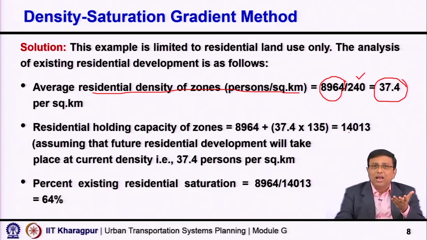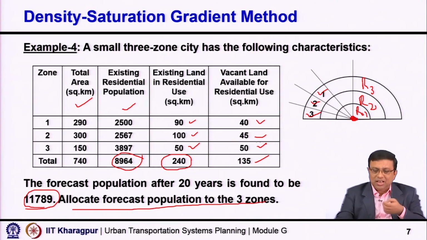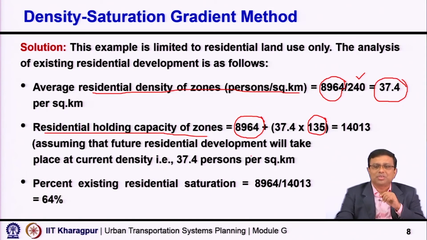So, it could be higher, but in this case we consider them the same. So, we are saying how we can then calculate the residential holding capacity. 8964 people are already presently staying there. 135 square kilometer is the total available vacant land for residential use, and the density at which the development will take place is 37.4 per square kilometer. So, multiply it by 37.4.